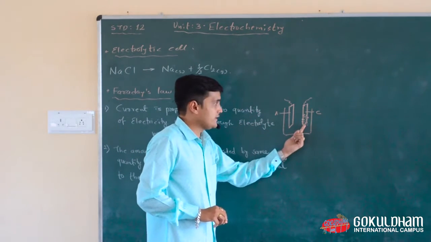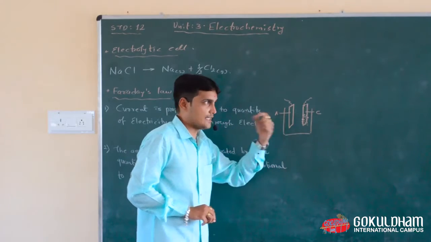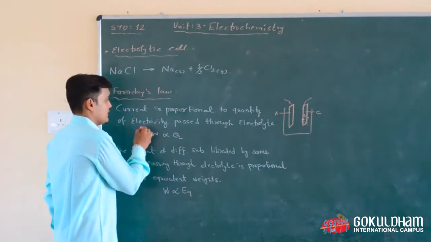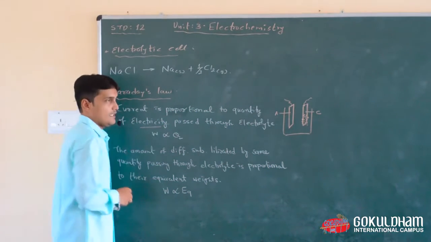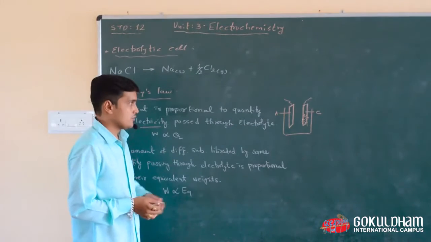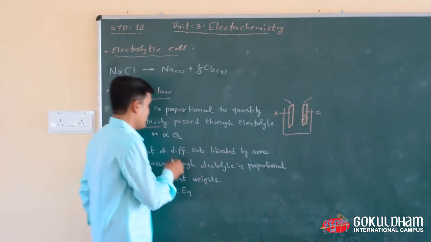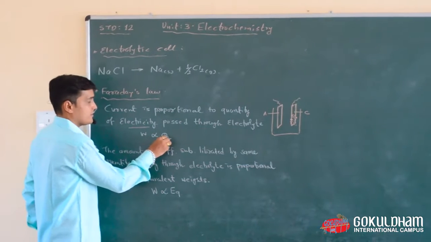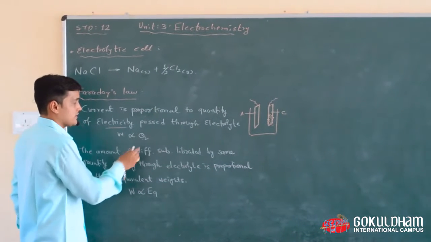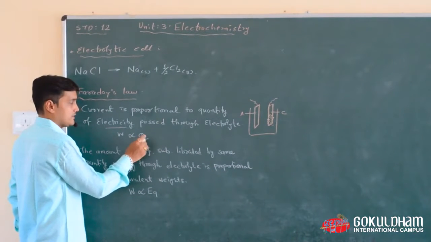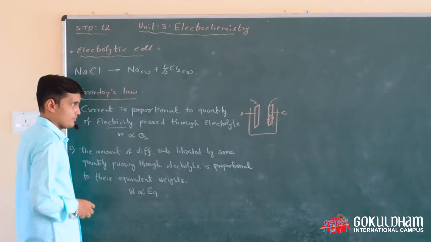The weight of this product is directly proportional to the quantity of electricity. So we can say that W is directly proportional to Q, where Q means quantity of electricity, denoted by capital Q.